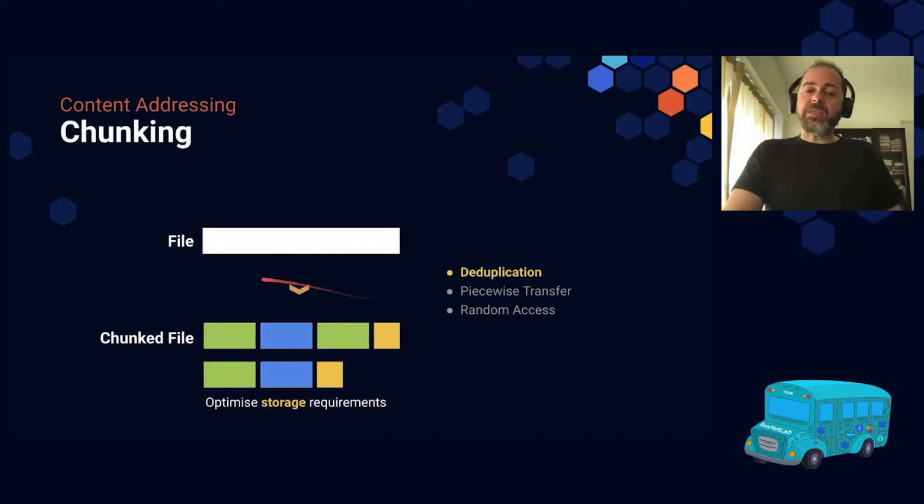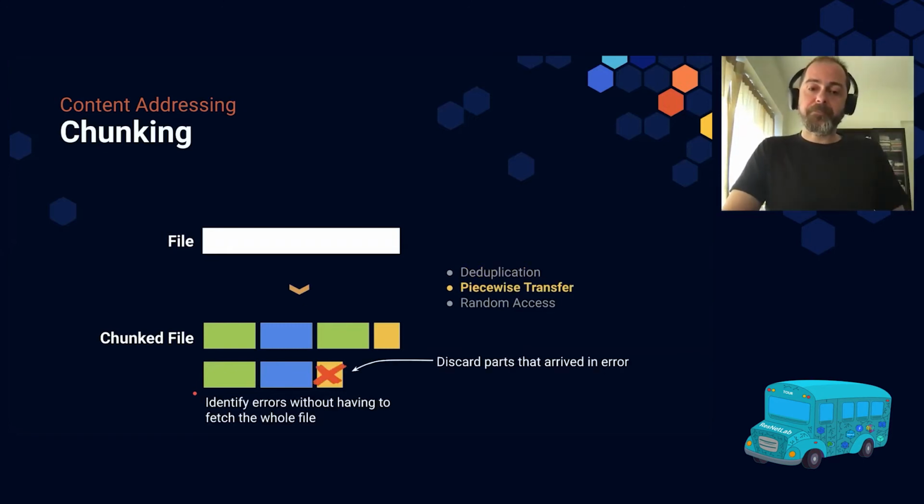What this means is that as we break down a file into chunks or a folder into chunks, we realize that we might have the same identical data reappearing twice or more times within the file or the folder. What we can then do is, of course, not store all the pieces individually, but store only one copy of these green blocks here, and therefore optimize the system's storage requirements.